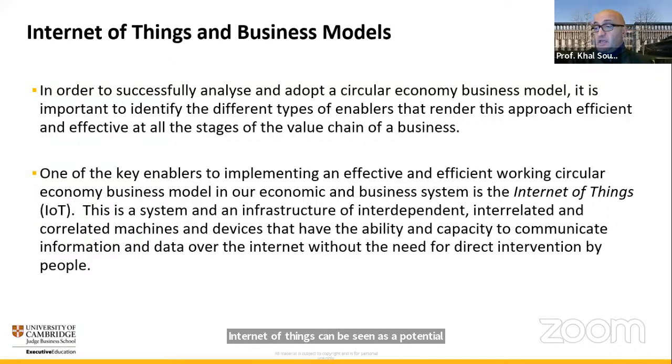So in order to successfully analyze and adopt a circular economy business model, we need to identify the role of this intelligent asset in the value chain of a business, in the value chain of the organization.